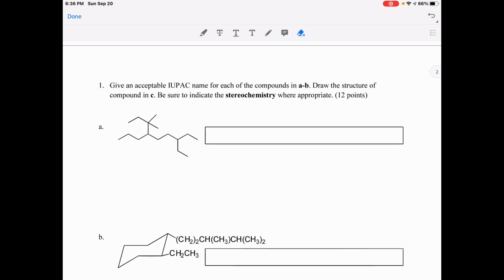So for part 1A, we are asked to give an IUPAC name for this hydrocarbon compound that has several different types of substituents on it. The first thing that we need to do is identify the main or the parent chain. We have to find the chain that is not only the longest chain, but also the chain that gives you the most number of substituents.